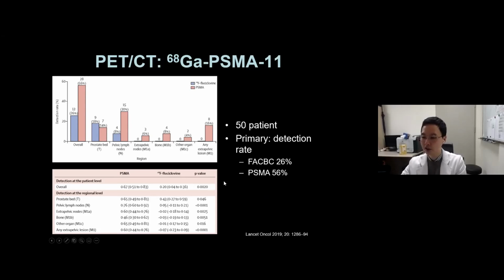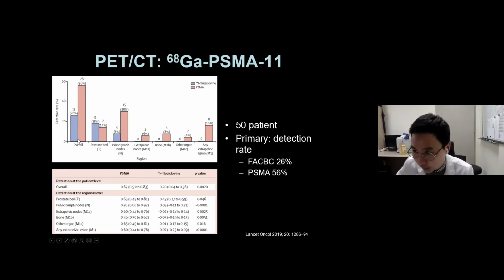And the PSMA showed a significantly higher detection rate of 56% compared to the 26% of the fluciclovine. So they insist that the PSMA should be the image of choice when there is a biochemical recurrence.